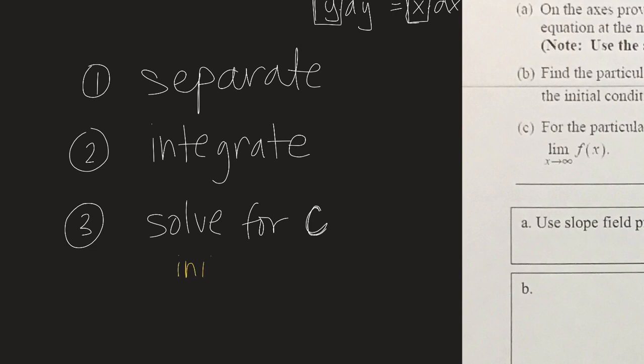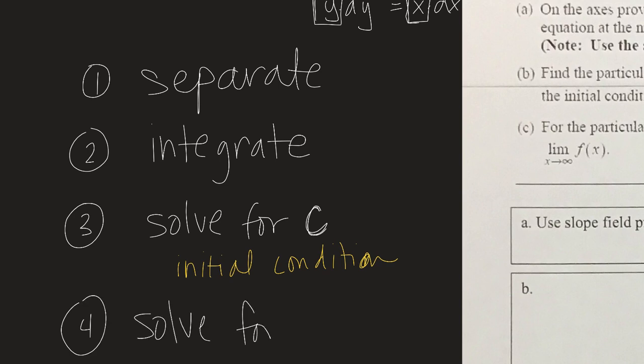So we're going to use the initial condition in order to solve for c. In this case, that's the point 2 comma 0. And then, once you have solved for c, we're going to solve your equation for y. And these are your 4 steps.